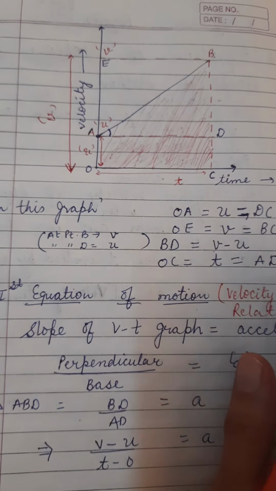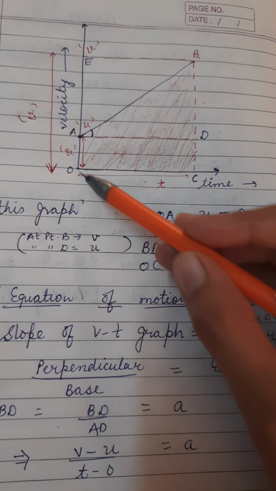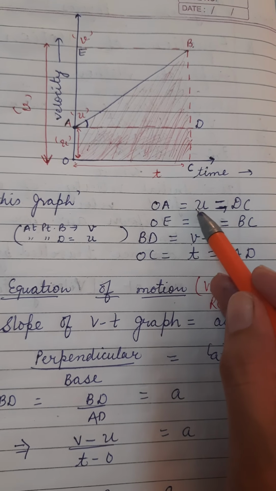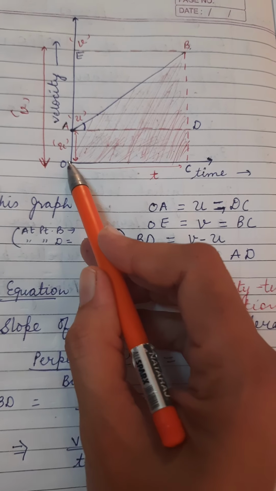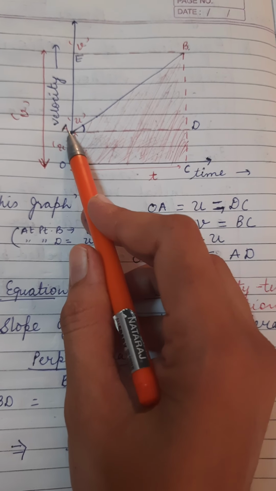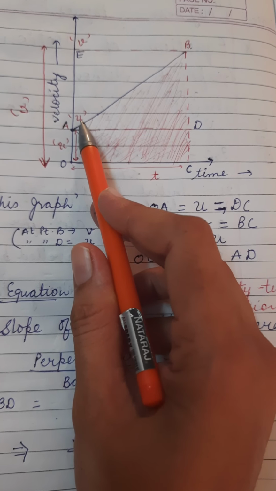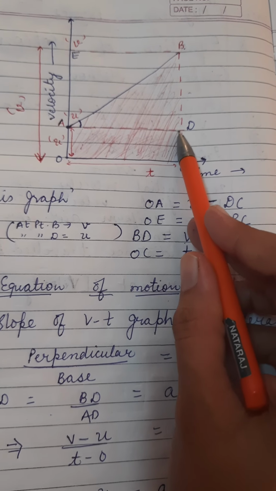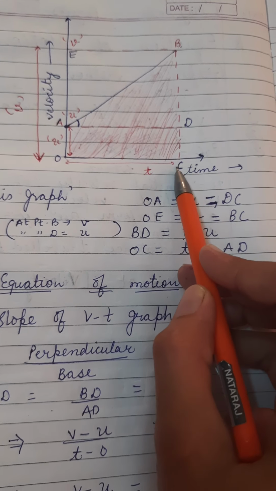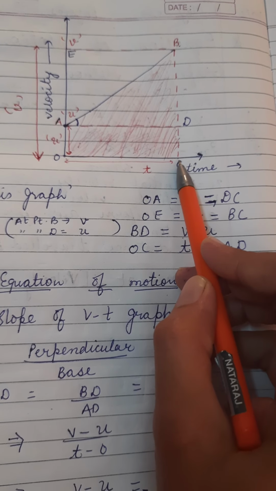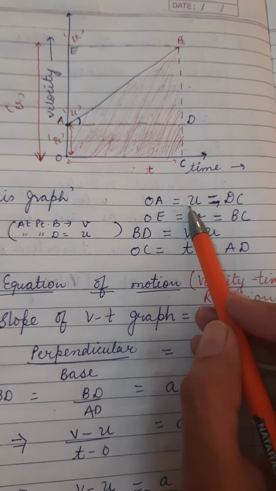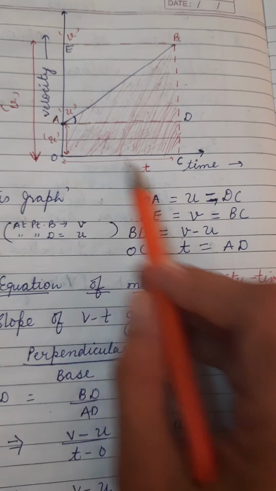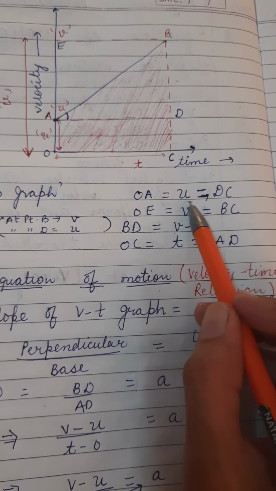And from this graph you can see that OA has value u, because at O it is 0 and at A the initial velocity is u, then u minus 0 is u. And the parallel line opposite OA, that is CD, is also u. CD and OA have the same value, that is u.